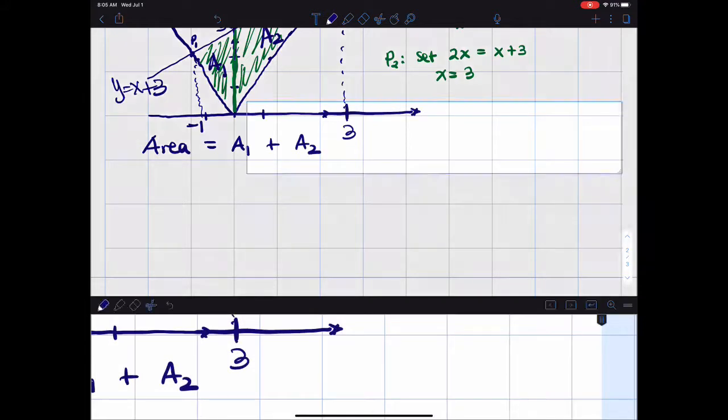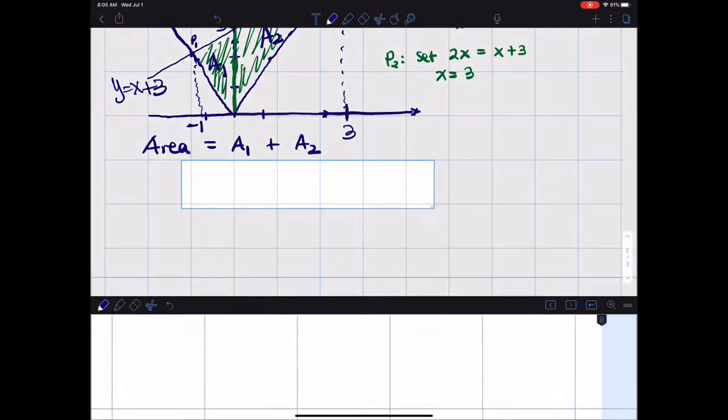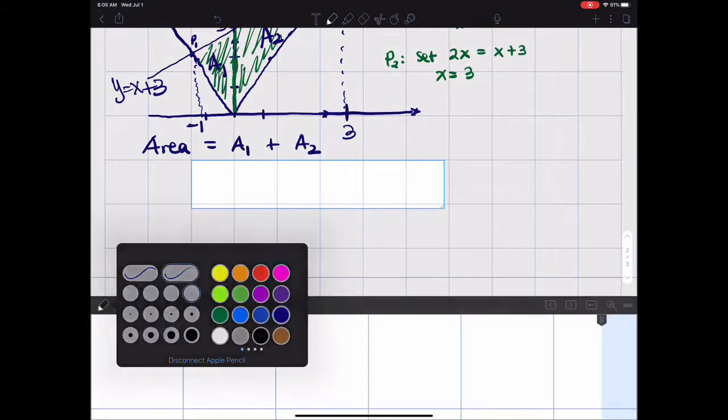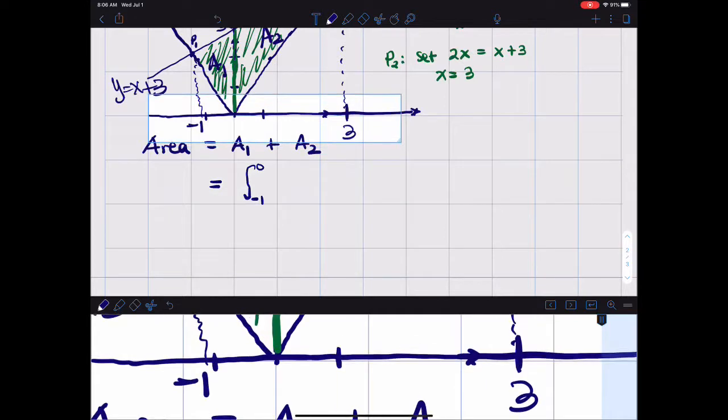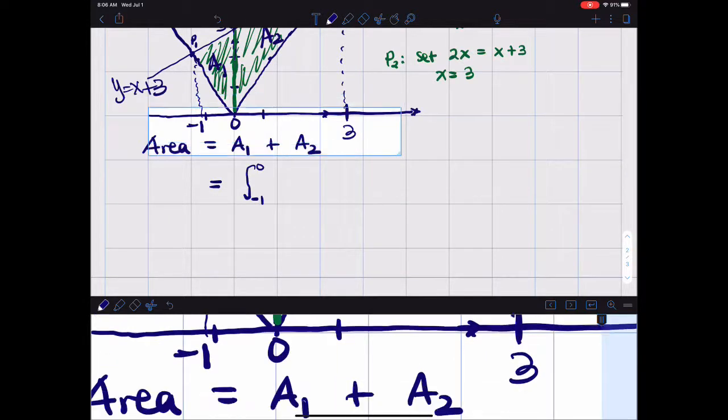So that our A1 is a region that goes from -1 over here to 0 over there.